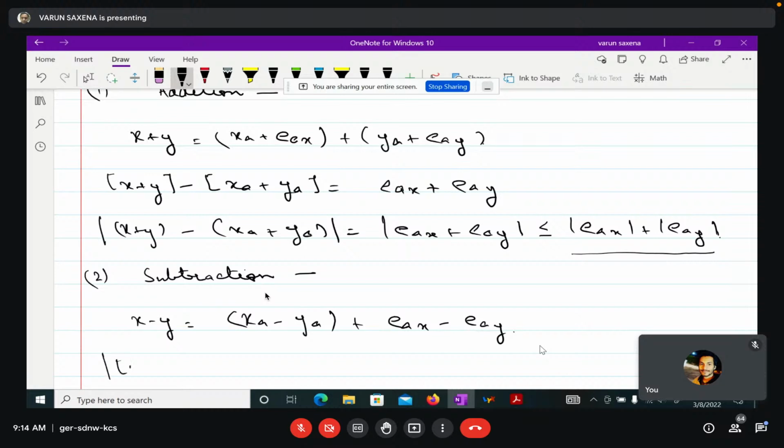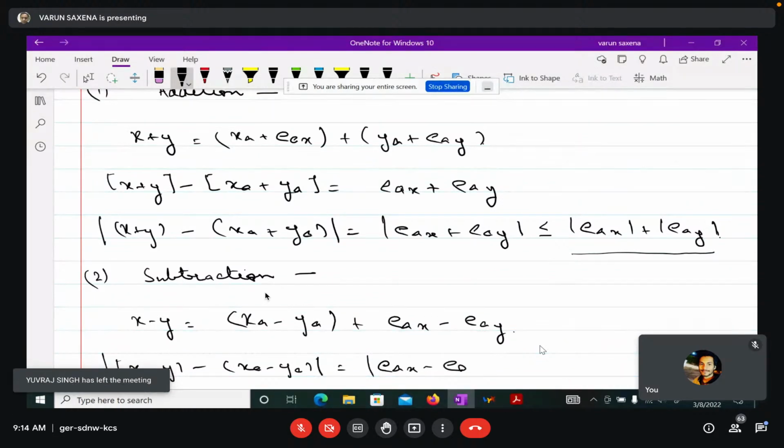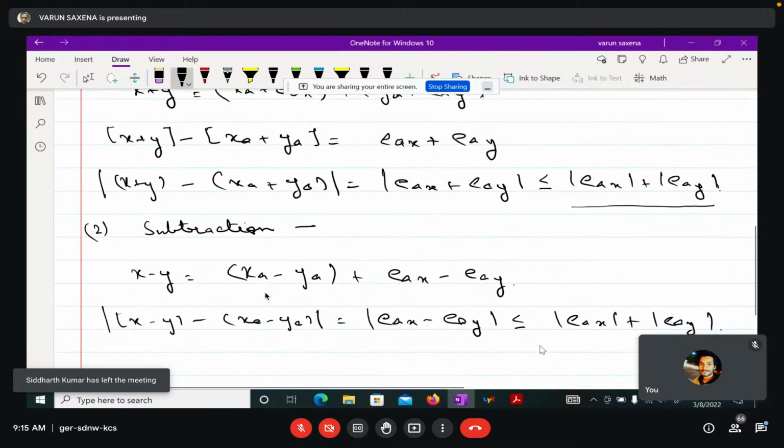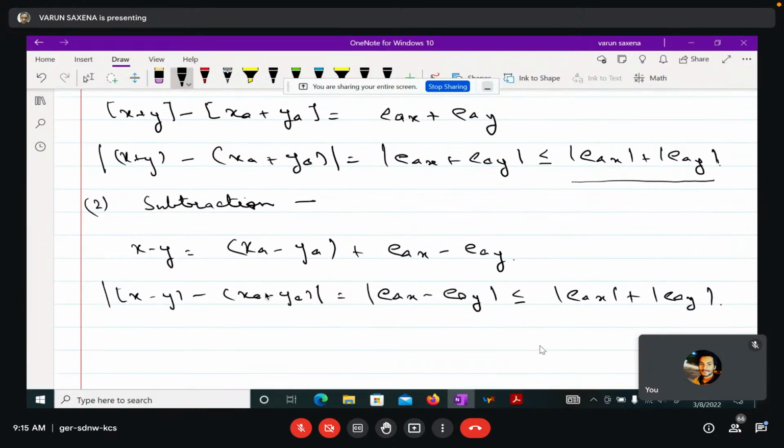So if I take the magnitude on both sides, xa minus ya, it will be just the magnitude of eax minus eay. And this is also less than or equal to eax plus eay. We're generally interested in how the individual errors will add up. So this is again an inequality, and it means that when you're adding or subtracting two numbers, the error is more or less in the range of eax and eay. So this is for subtraction.